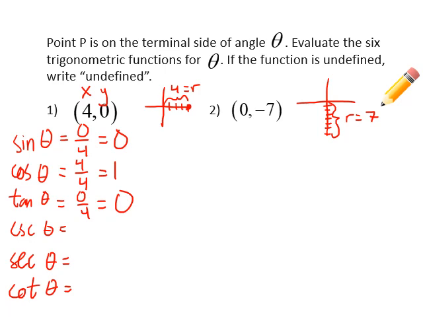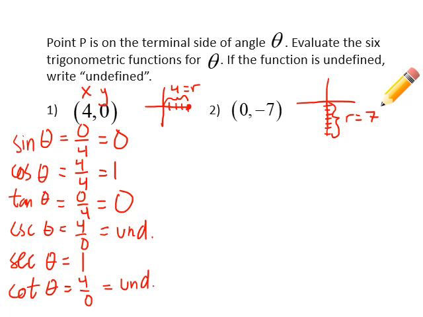Cosecant is the reciprocal of sine, 4 over 0. Can't divide by 0, undefined. Secant is the reciprocal of cosine, 1, 4 over 4. And cotangent is the reciprocal of tangent, 4 over 0, which is also undefined.